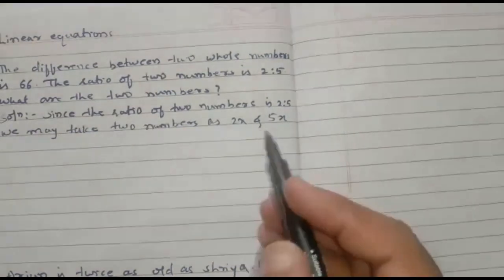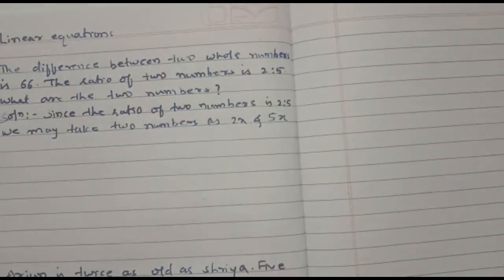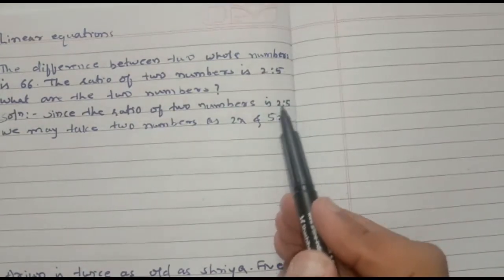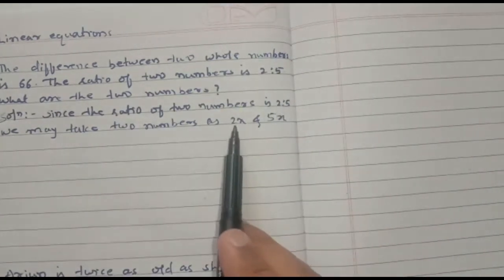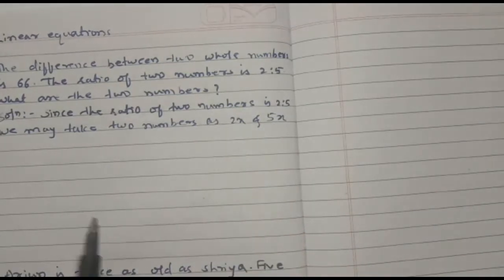This is very important, students. You can see such problems in 10th standard also. So these ratios can be taken in the form of x, that is 2x and 5x are the two numbers.